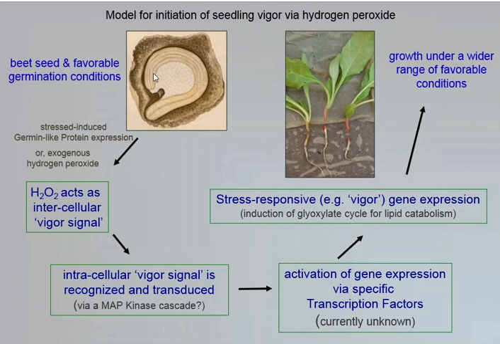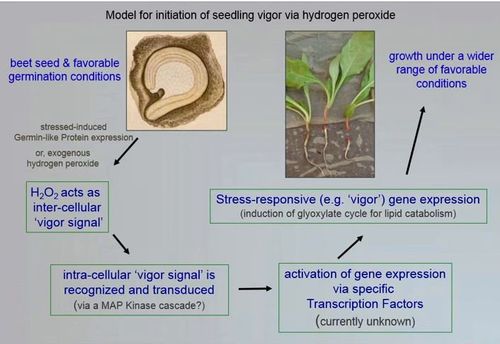You've got your seed here, the radicle, then the cotyledons, perisperm. Okay, stress-induced germin-like protein expression or exogenous hydrogen peroxide acts as a vigor signal, an intracellular signal, a secondary messenger. And then this is recognized and transduced, and we think it's through a MAP kinase cascade. That's what the literature would tell us.